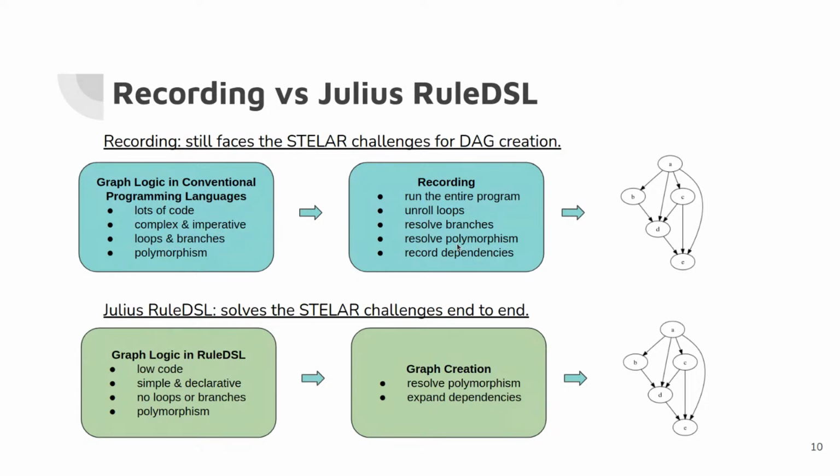So this is another point I want to make. Relying upon the traditional recording approach only solves half of the problem. This part still remains challenging and unresolved. In comparison, going with the root DSL, we solve the entire end to end, from graph creation to graph distribution and execution.